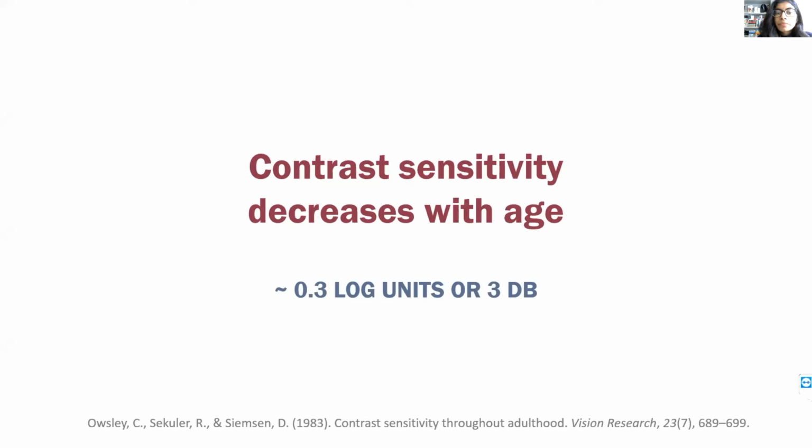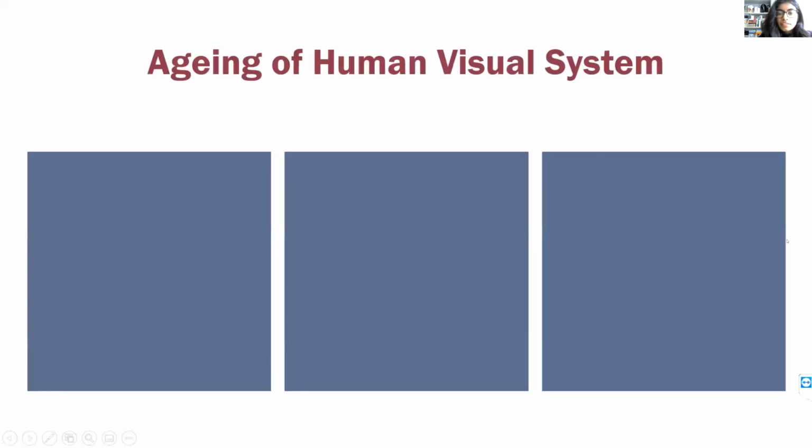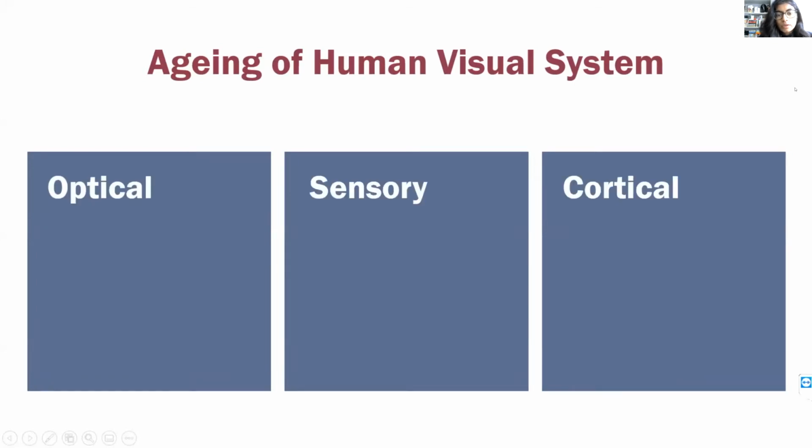But the cause of this decline is a bit of a controversy in the area of vision research. The focus of my talk today is to show you what aspects of human visual system aging might translate to this reduction in contrast sensitivity. Now, aging affects various stages of the human visual system, which can be broadly categorized as optical, sensory, and cortical.